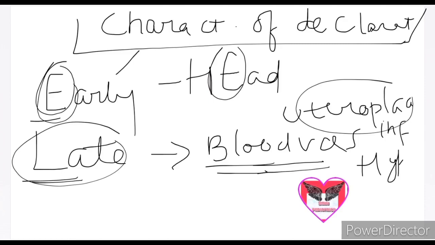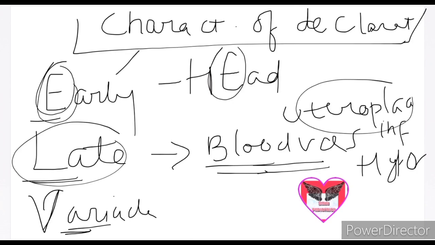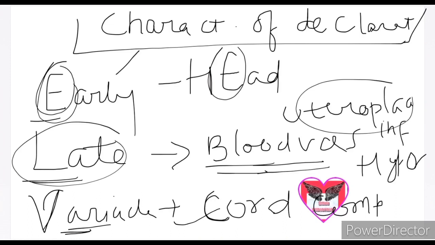And third we have variable. For variable, when something gets compressed, then we get VC, vice chancellor, cord compression. Umbilical cord compression, we get variable deceleration.